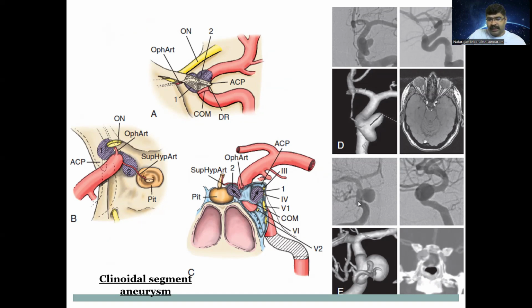Similarly, this is an AP projection of the cerebral angiogram. What you see here is the ICA bifurcating into the medial A1 ACA and lateral M1 MCA. Here you have the medial variant of the aneurysm. This is the VRT sequence. What you see here is the medial variant of the clinoid segment aneurysm.